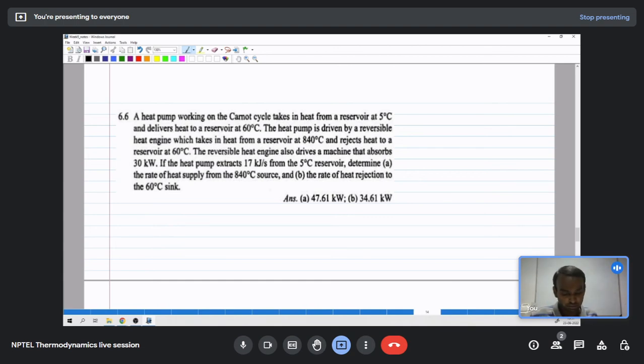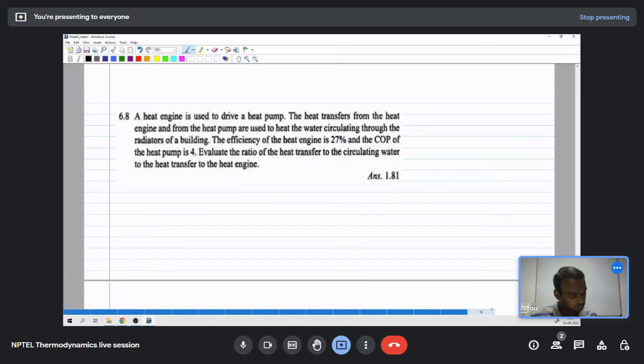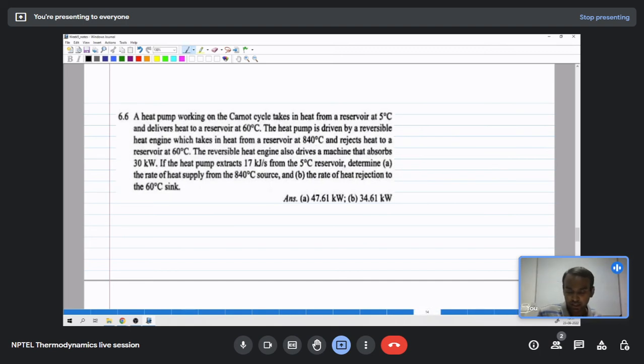In the next problem, we have a heat pump working on a Carnot cycle that takes in heat from a reservoir at 5 degrees Celsius and delivers heat to a reservoir at 60 degrees Celsius. So representing that, we have a heat pump which takes heat from a lower temperature reservoir at 5 degrees Celsius.